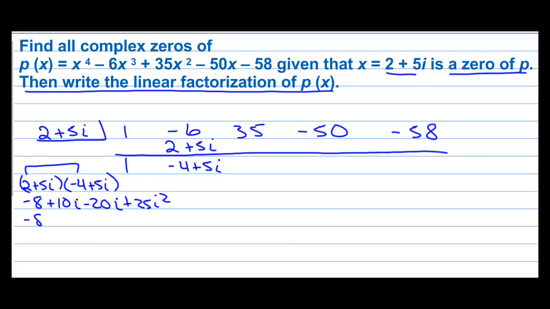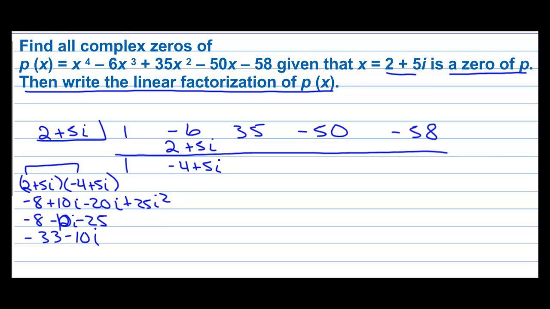We got negative 8, minus 10i, and then minus 25, because remember, i squared is negative 1. So negative 33, minus 10i.